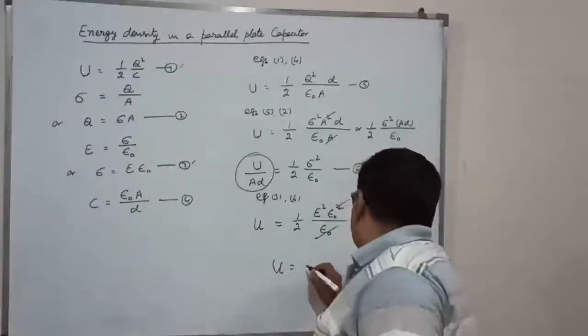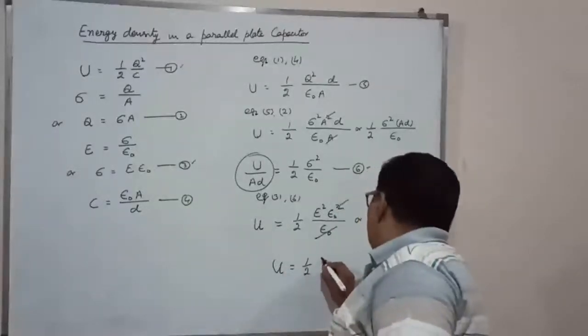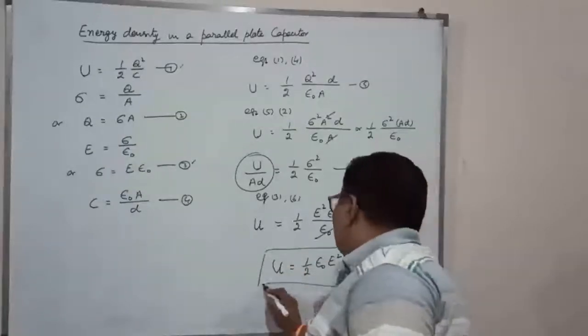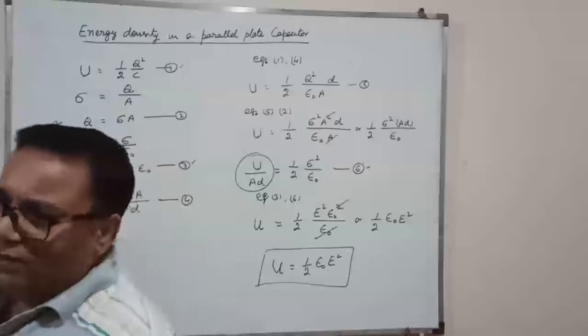Energy density of a capacitor is half epsilon naught E square. This is the required expression.